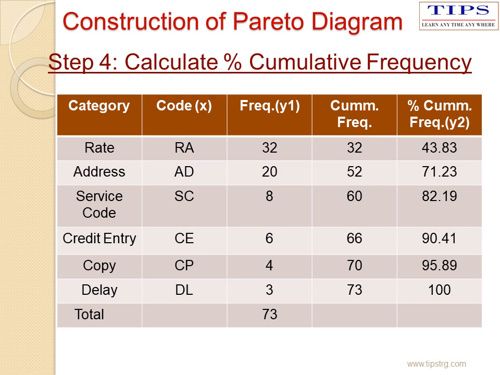Similarly, for address, cumulative frequency is 52 divided by total defects, that is 73, multiplied by 100, which is equal to 71.23. Similarly, calculate the percentage cumulative for the other defects.